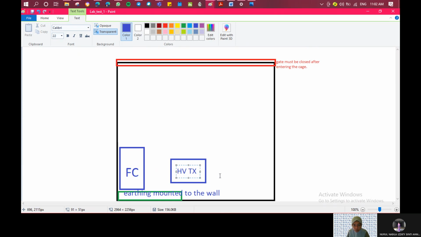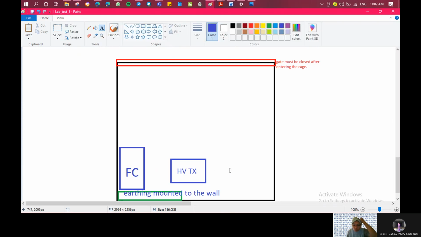HV is for high voltage, TX is for transformer, and the measuring capacitor here, along with the top electrode, the floor pedestal, the connecting cup, and the switching of the earthing itself.